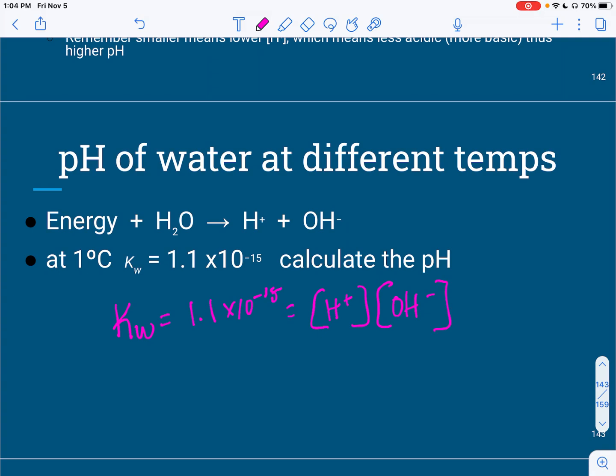We know that these two are going to be equal to each other in water. So we can say that our H+ concentration is equal to the square root of 1.1 times 10 to the negative 15, and that gives us a pH of 7.48.